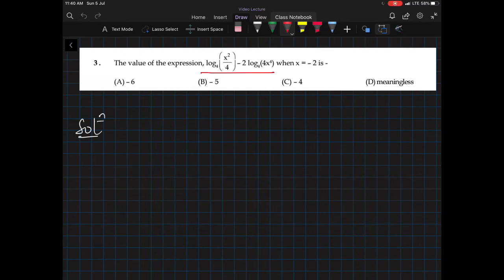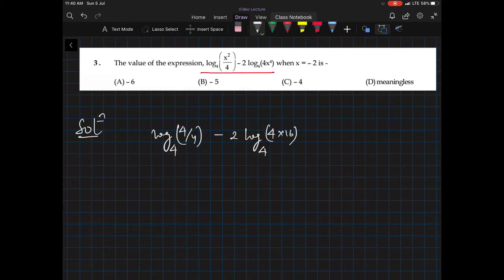in at first, then we will simplify the logarithm, and then only you will get a valid solution, like log 4 of minus 2 squared, 4 upon 4, minus 2 log 4 of minus 2 to the power 4, that is minus 2 to the power 4, that is 16.